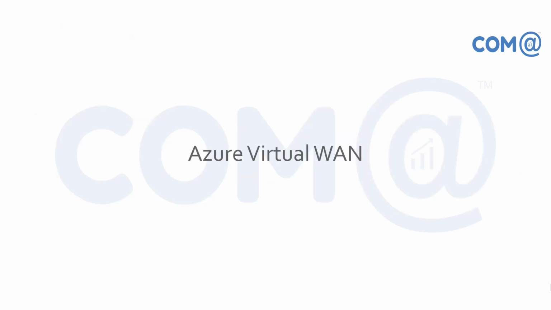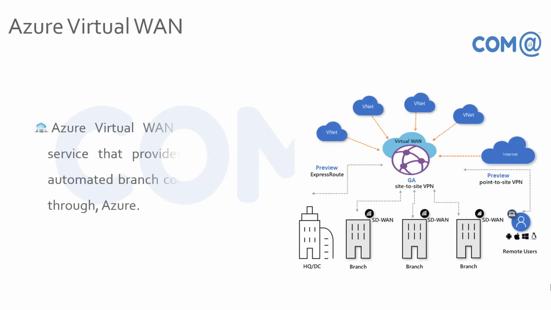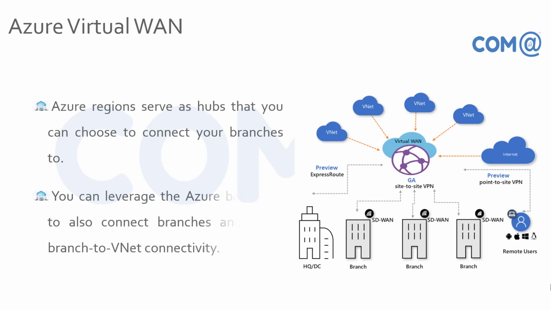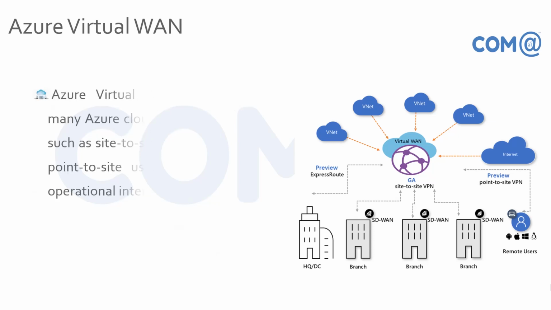And understanding about Azure Virtual WAN. Azure Virtual WAN is a networking service that provides optimized and automated branch connectivity to and through Azure. An Azure region serves as a hub that you can choose to connect your branches to, and you can leverage the Azure backbone to also connect branches and enjoy branch to VNet connectivity.